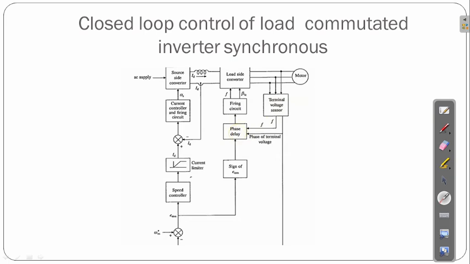This process continues as the speed goes positive as well as negative, because the sign of E omega m will also change. According to the change in the sign E omega m, the beta LC takes over. These are all about the closed loop control of the load commutated inverter synchronous motor drive. Thank you.